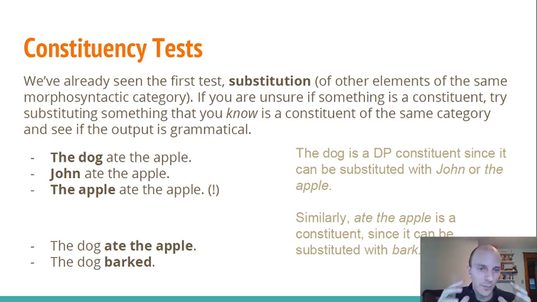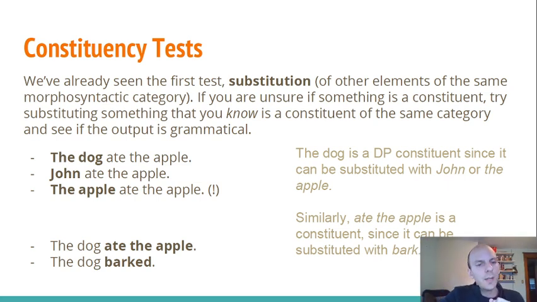So if you want to know if something's a constituent, try switching it with something else that you already know is a constituent. If you want to know if something's a constituent, I'll say that again because it's important, replace it, substitute it with something that you already know is a constituent. And if it works, then your thing is probably a constituent. I say probably because, hey, constituency tests.